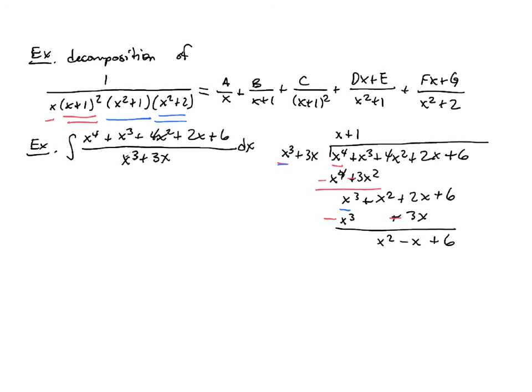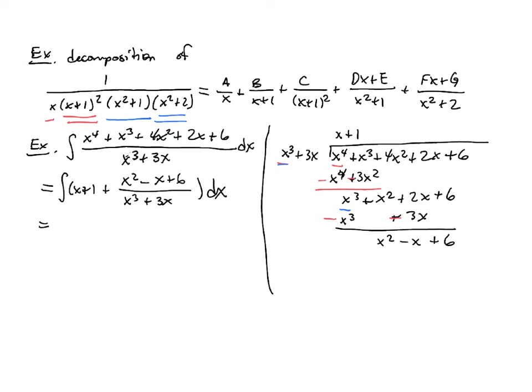So my integral that I'm interested in computing is going to simplify to the integral of x plus 1, that's my quotient, plus the remainder that I found, x squared minus x plus 6, divided by my original denominator, which I'll factor in a minute, all dx.